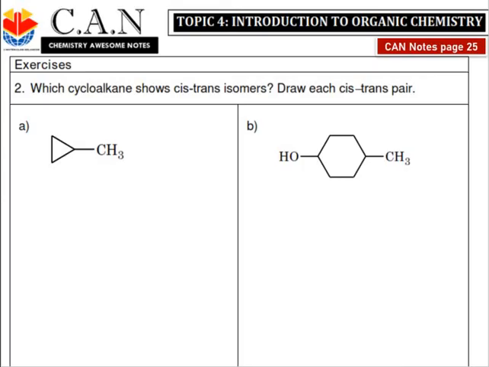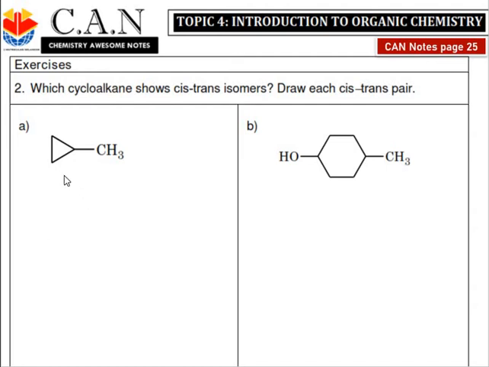Alright, so now look at your notes, page 25. Question number 2: which cycloalkane shows cis-trans isomers? Draw each cis-trans isomer. Alright, so you can pause this video and draw first, and then restart.